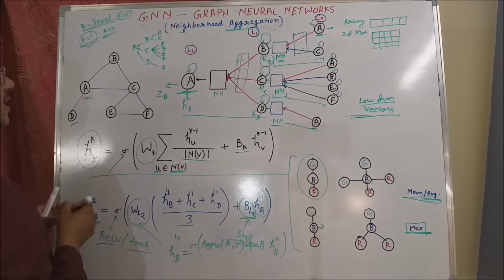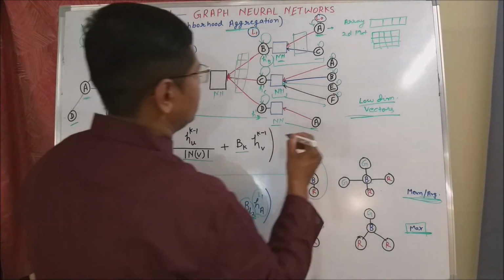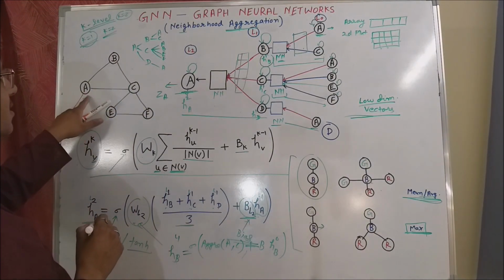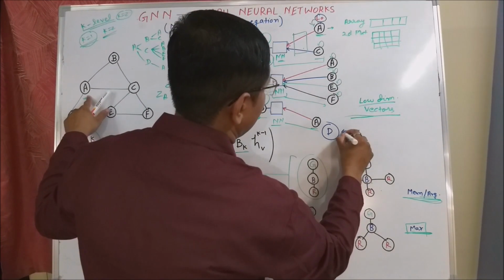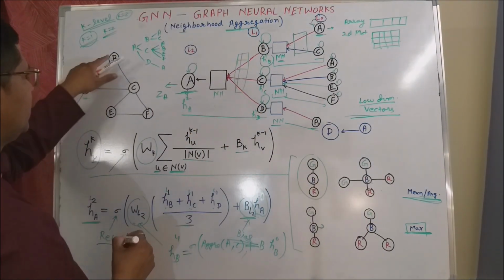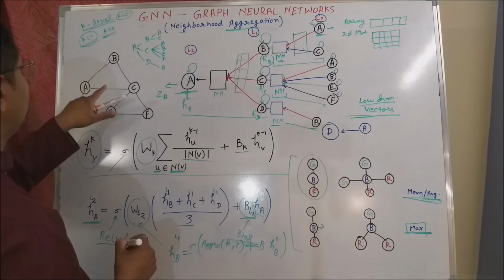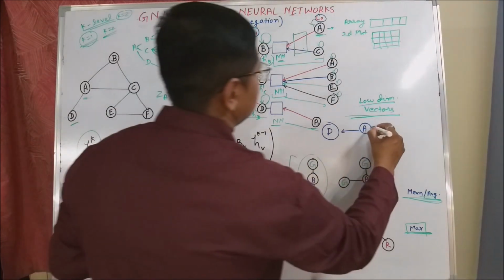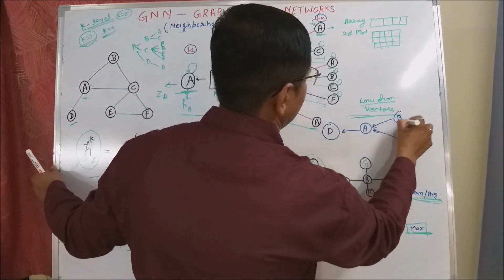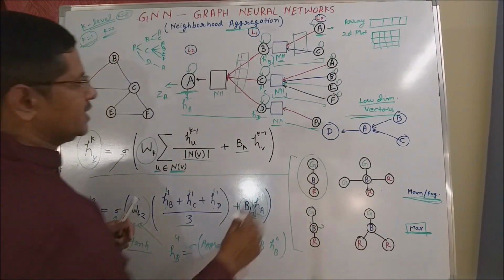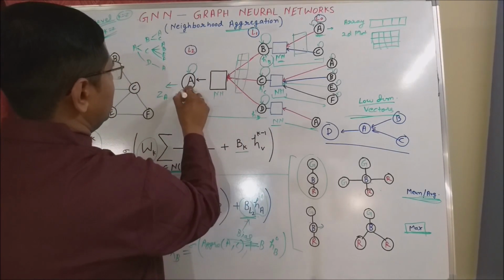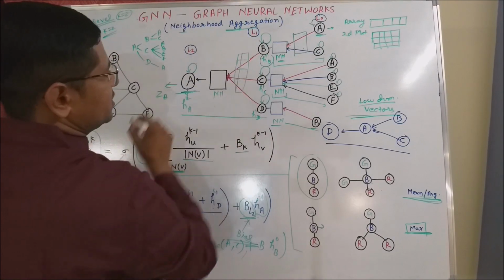Suppose we ask what kind of architecture we will get for node D. For node D, the direct neighbor is node A, and for node A, the direct neighbors are nodes B and C. So it is like B and C. Similarly, you will get unique representations when you compute the node embedding value using neighborhood aggregation.